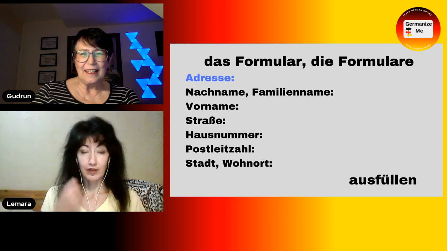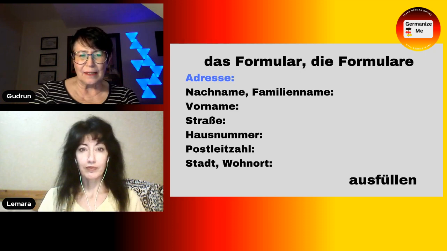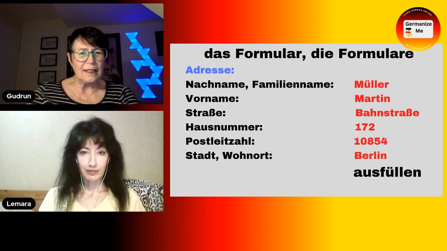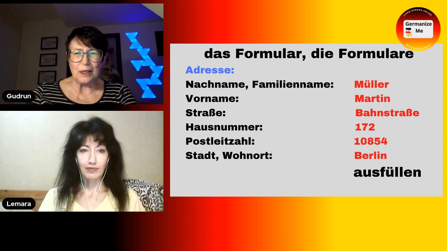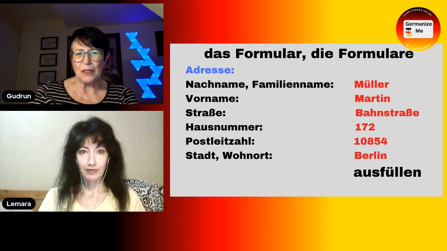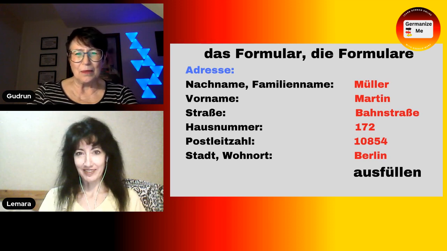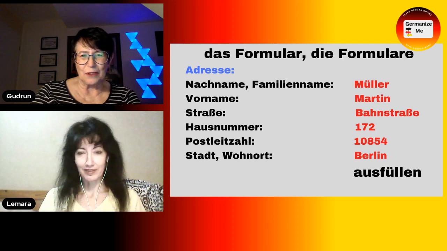So this is the basic address, and it looks like this if you fill it out. You have a family name. A typical family name in German would be Müller, for example. That would be Miller in English. Martin is an international name. Streets, numbers of cities are different, of course.